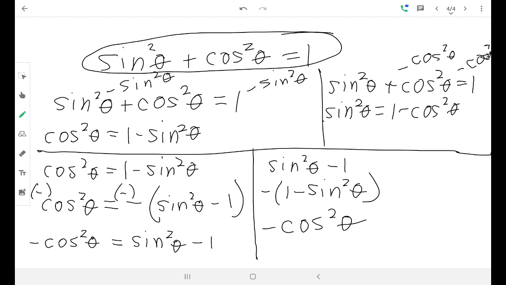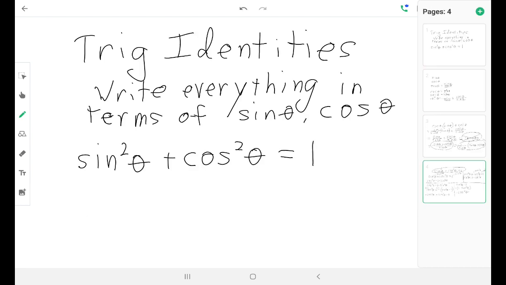So you have to keep that in mind when they're reversed like that. You have to be able to see that you're off by a negative and see that change. And of course it works for 1 minus cosine squared theta equals sine squared theta as well. Okay, so just a tiny bit of a review here.